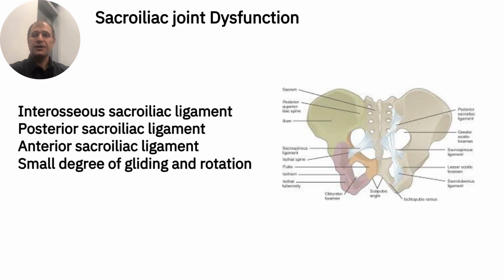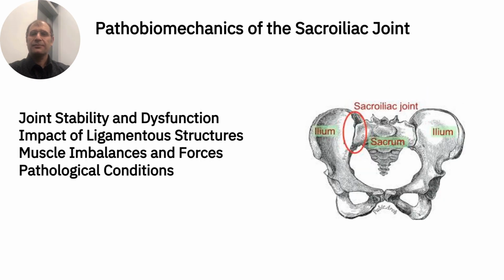The pathobiomechanics of the sacroiliac joint involves understanding the functional disruptions and injuries that can occur within this joint, which is crucial for transferring loads between the lower limbs and the vertebral column. Various conditions can affect the integrity and performance of the joint, leading to pain and dysfunction.